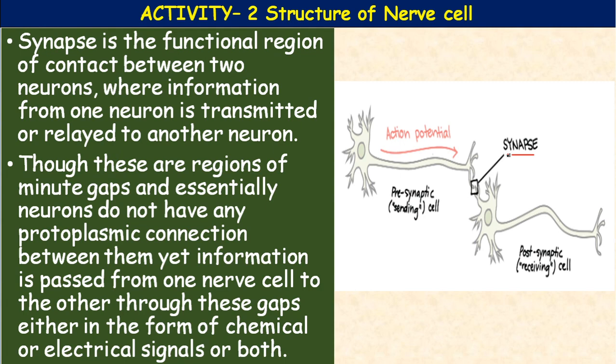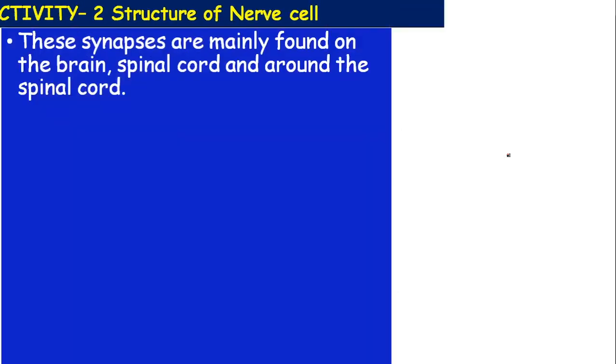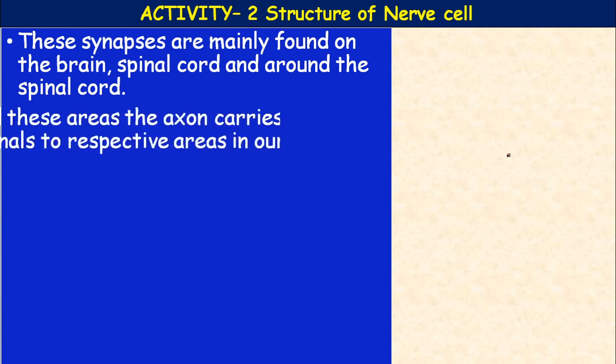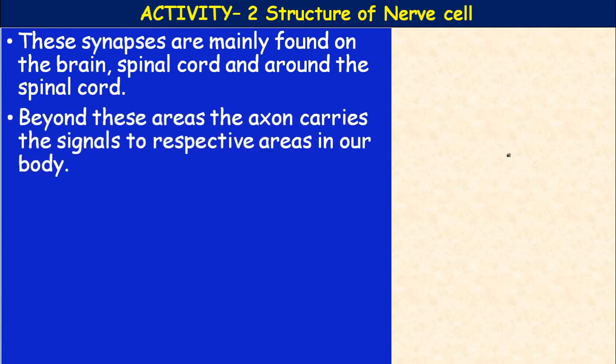Okay, both chemical and electrical signals. So these synapses are mainly found in the brain, spinal cord, and around the spinal cord. Beyond these areas, the axon carries the signals to respective areas in our body.